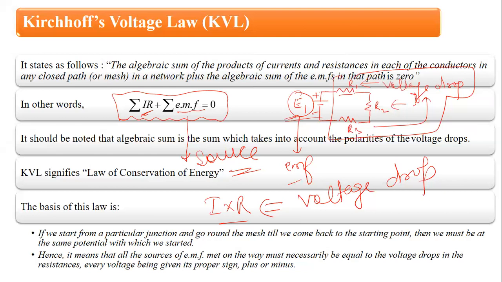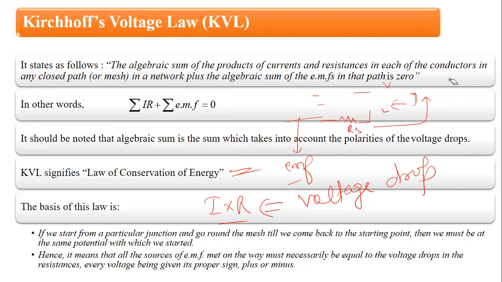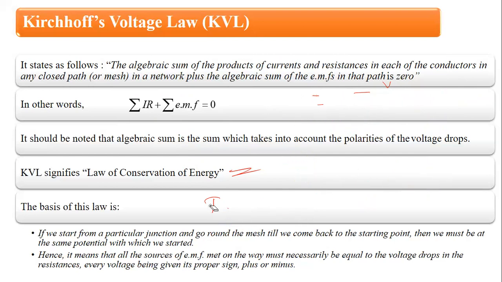Now when we say the algebraic sum, we intend to take the direction or polarity of the voltages, right? In sign convention also we discuss the same thing, so let us cover that here also.